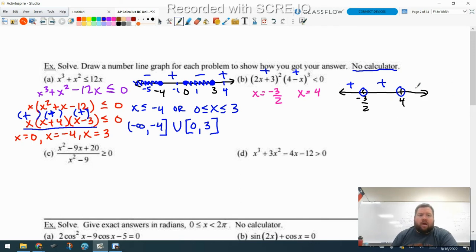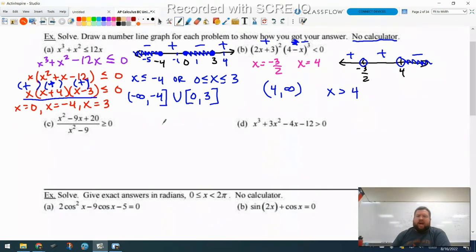And then 5. 4 minus 5, that is a negative. Positive times a negative is a negative. And we want where it's less than 0, so we want that region right there. And that's our answer. 4 to infinity, parentheses on both. Or we could do x is greater than 4. Either one there.